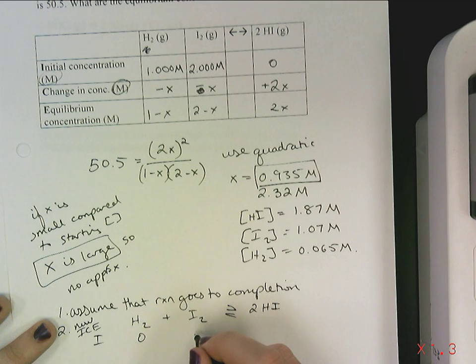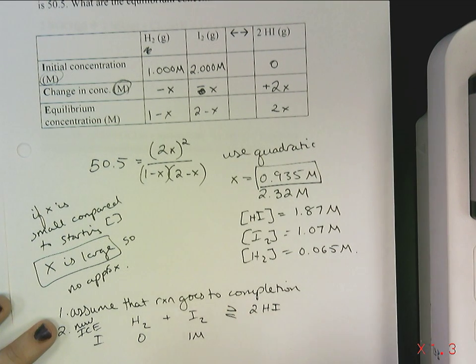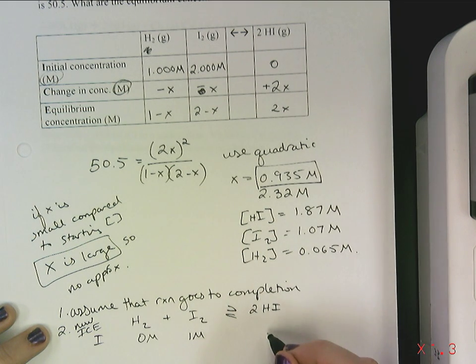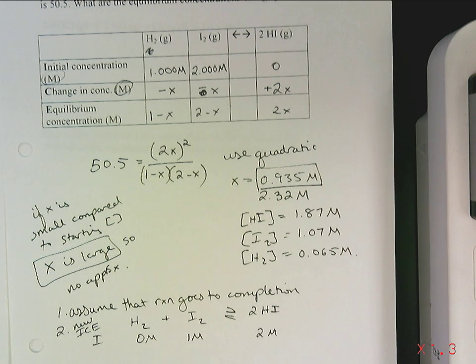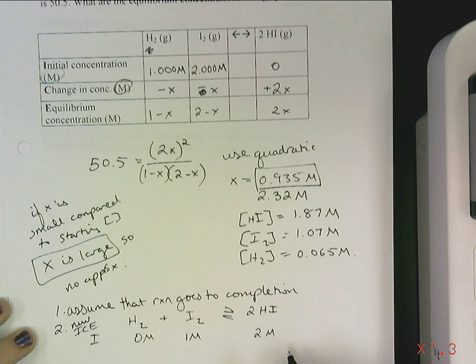It is 1 molar I2 because H2 and I2 react in a 1-to-1 ratio. So if I've reacted 1 mole of H2, I've reacted 1 mole of I2, resulting in 1 molar being left over. And I've got 2 molar HI, because for every 1 mole of H2, I get 2 moles of HI. All right, so those are my new initial values.